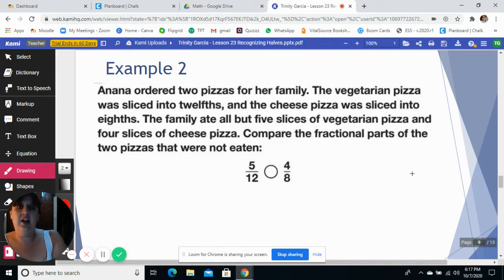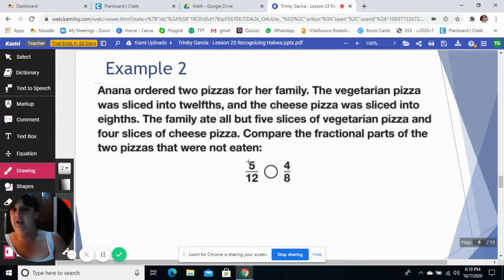The family ate all but 5 slices of the vegetarian and 4 slices of the cheese pizza. Compare the fraction parts of the 2 pizzas that were not eaten. Here we have 5/12ths, and on the other side, we have 4/8ths.